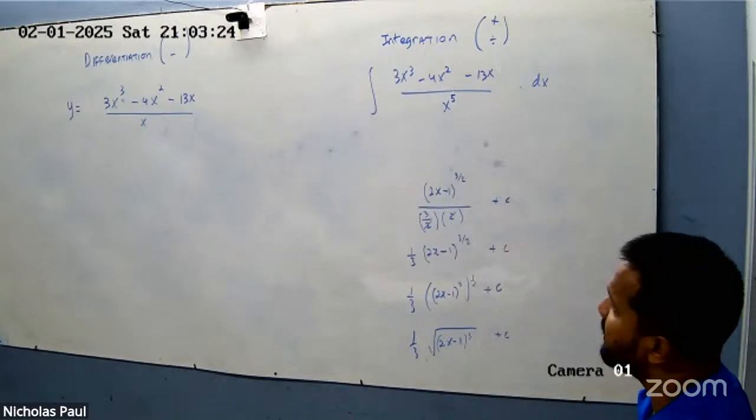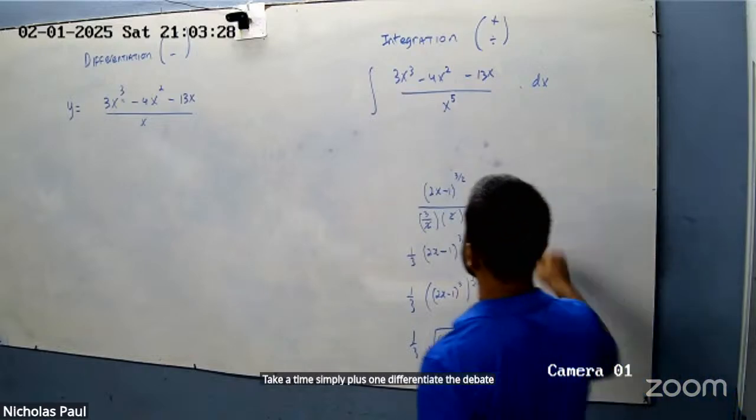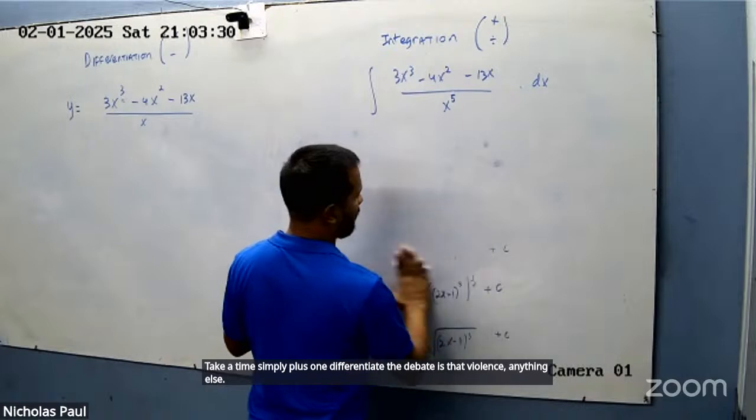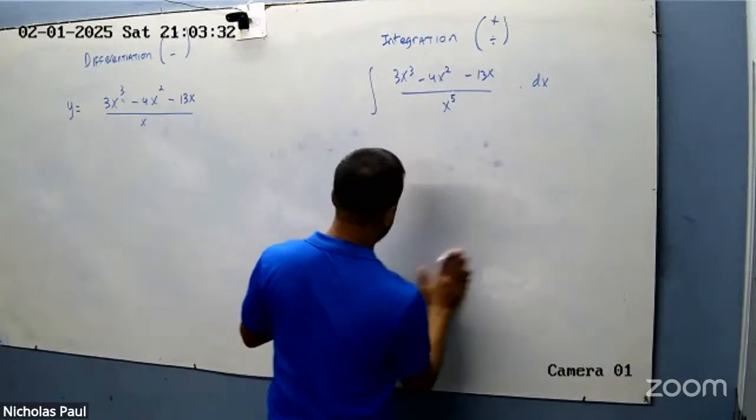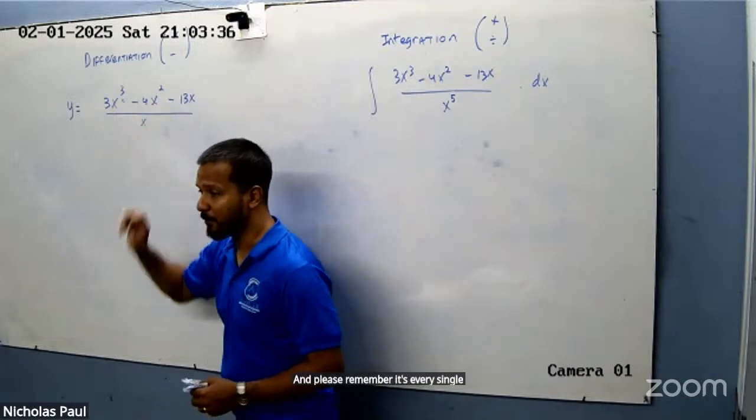Take your time, simplify the first one, differentiate, simplify the second, integrate. And please remember, it's every single term we divide by, right?